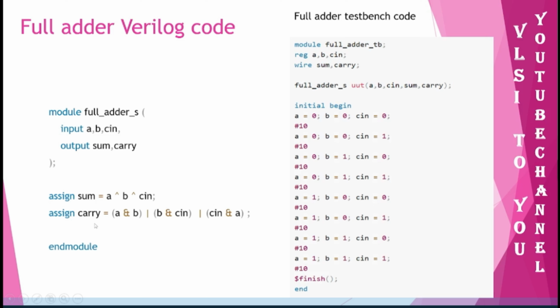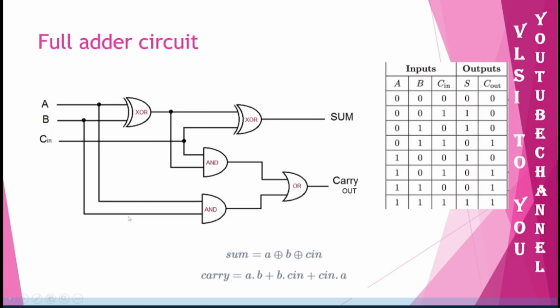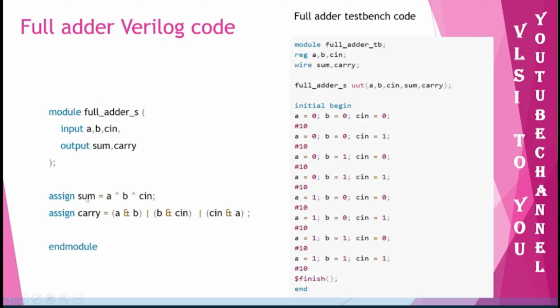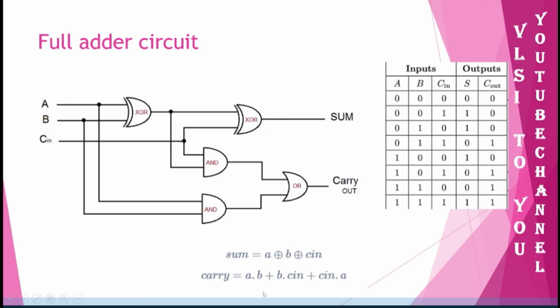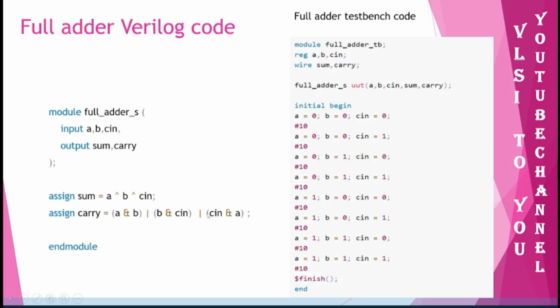You can just remember it like that. Assign sum equal to A XOR B XOR Cin. Similarly, assign carry equal to A dot B, nothing but A and B, and the plus is nothing but the OR operator. A and B or B and Cin or Cin and A, that's it. And then endmodule, as simple as that.